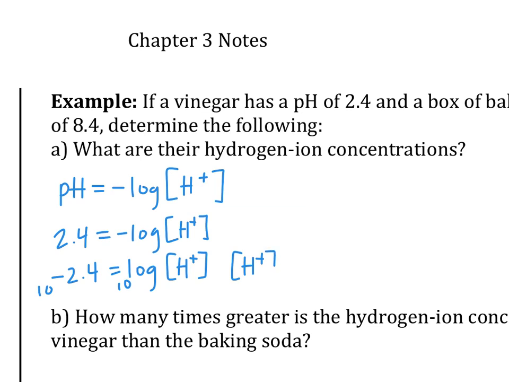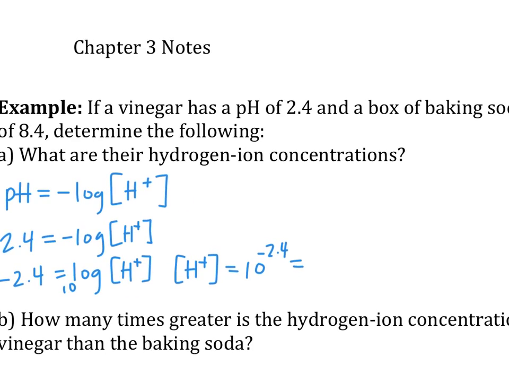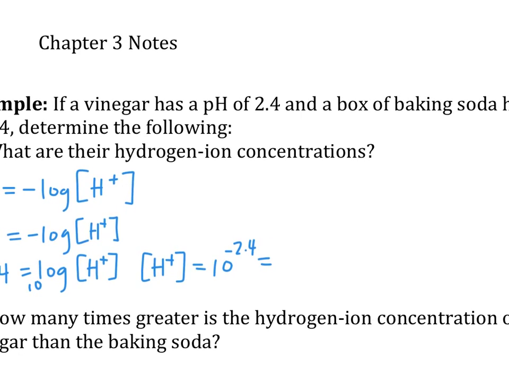Now use your calculator. 10 to the negative 2.4. Can you change it to scientific notation? Yeah. Oh, sorry. It's going to be 3.89. Okay, and this is in moles per liter.